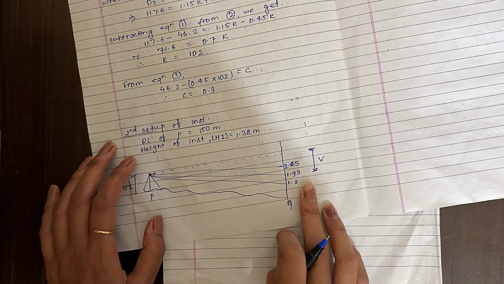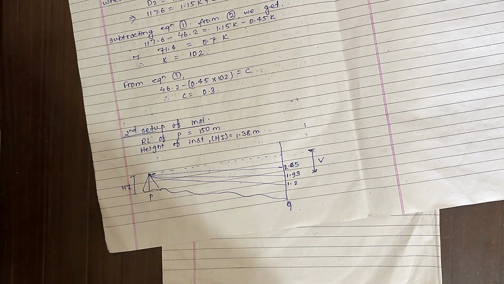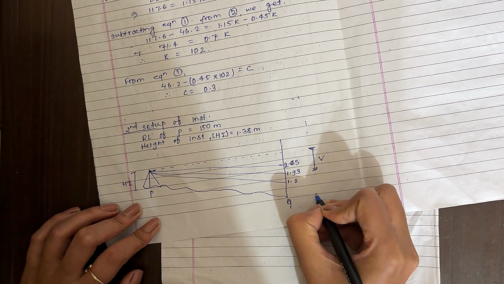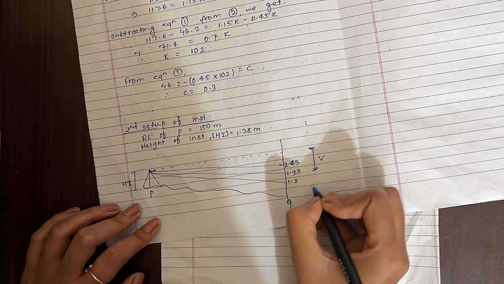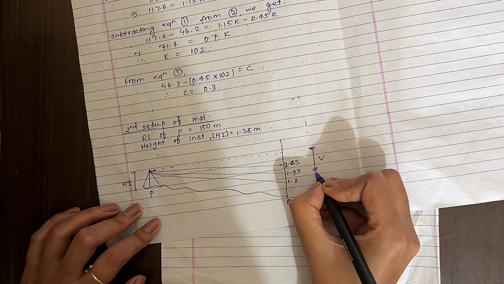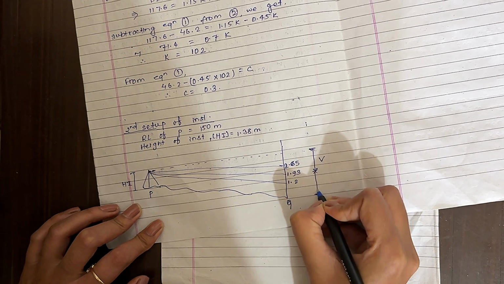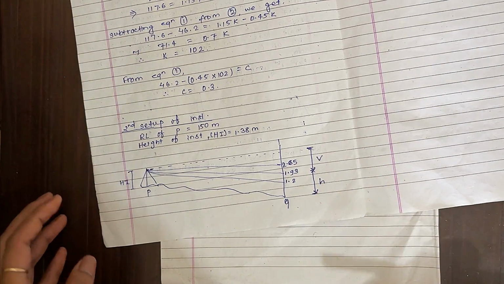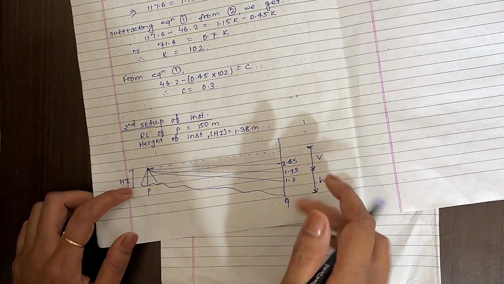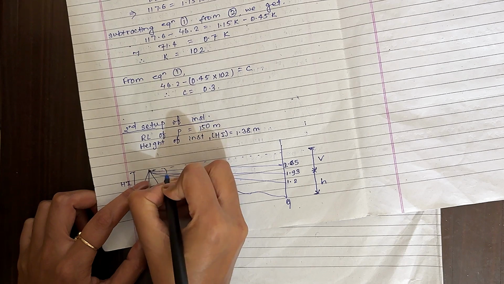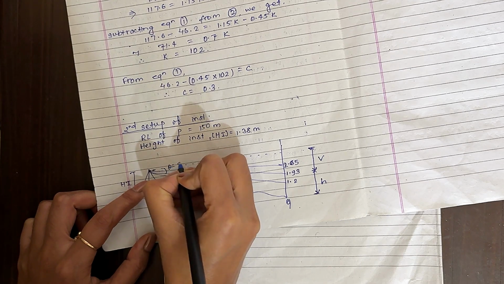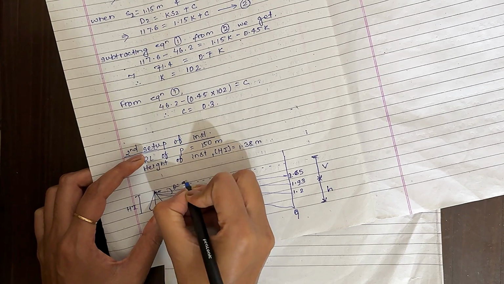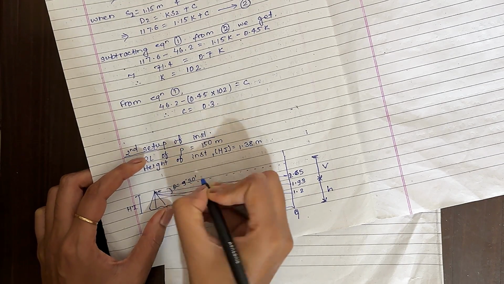So this is 1.2, 1.93 and 2.65. The distance between the staff held at the ground and the middle reading is H. Also theta is given as 9 degree and 30 minute.